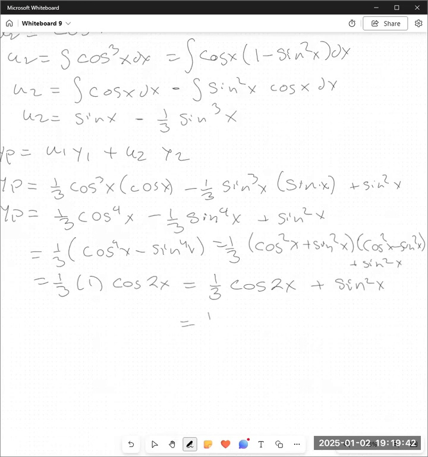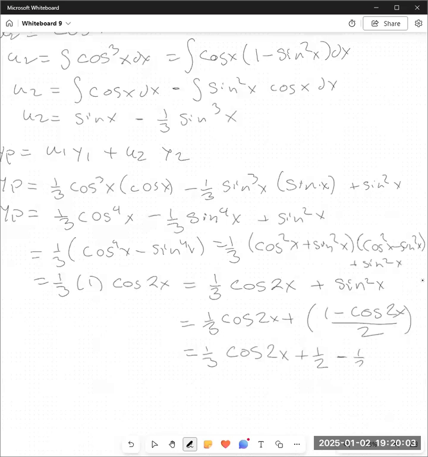So this is 1/3 cosine 2x plus 1 minus cosine 2x over 2. That just gets us kind of common things here. 1/3 cosine 2x plus 1/2 minus 1/2 cosine 2x.